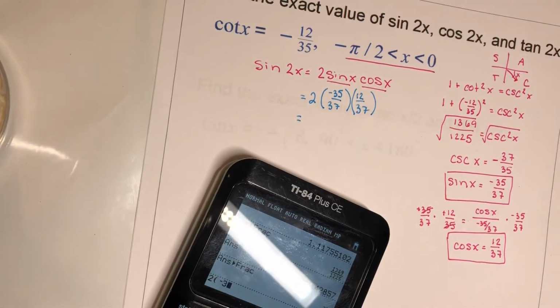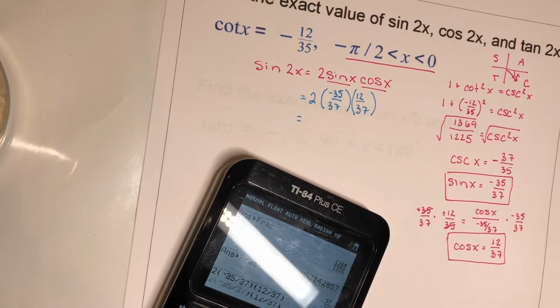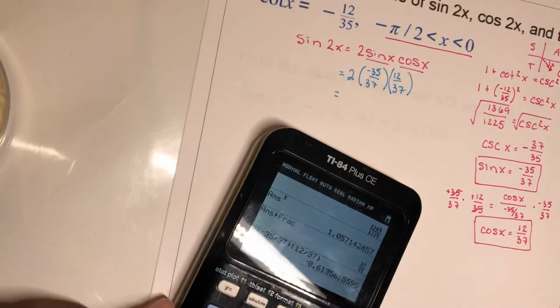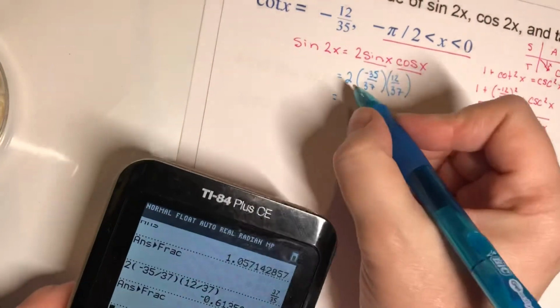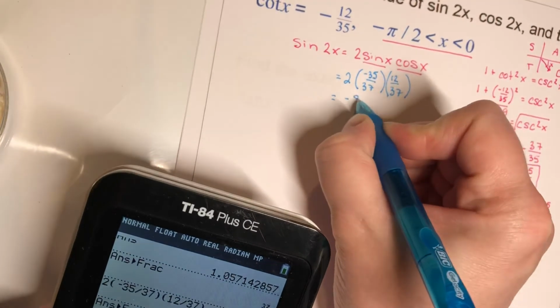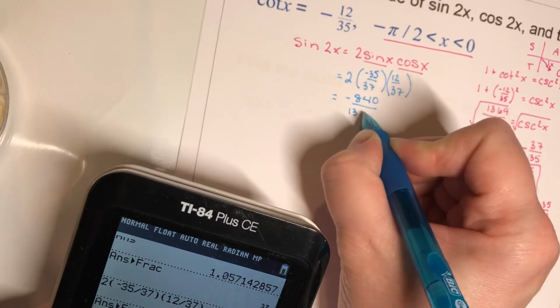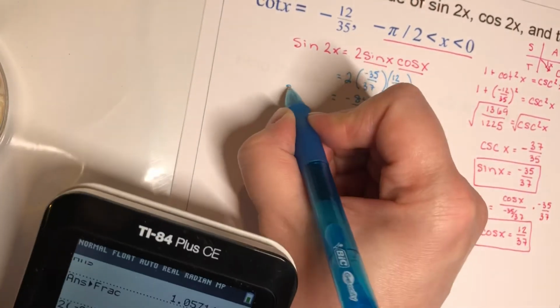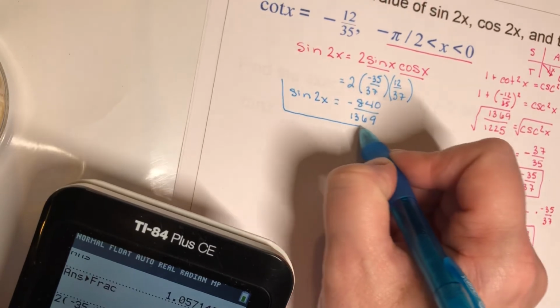So 2, negative 35 over 37, and 12 over 37. Remember, our shortcut way of doing this is math enter enter. So we end up with a negative 840 over 1,369. So that is sine of 2x. So we found our first one.